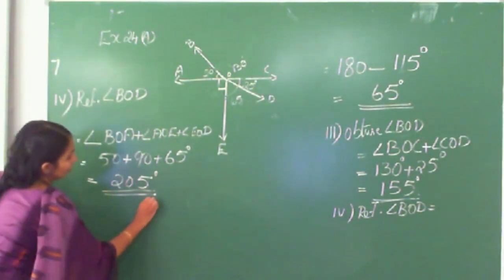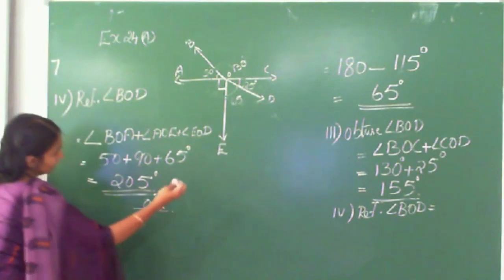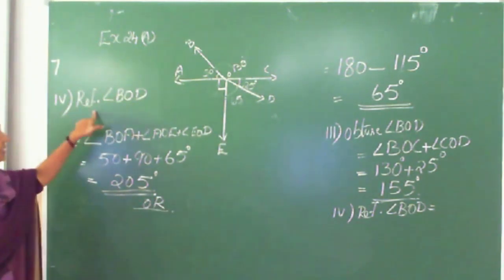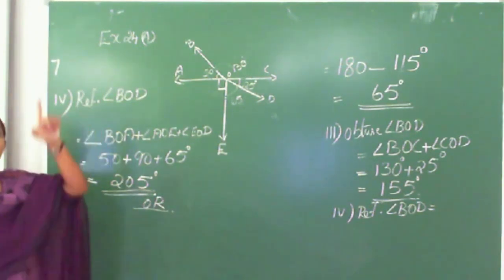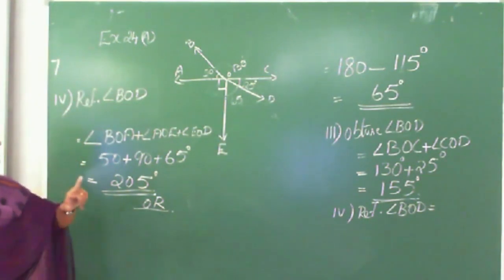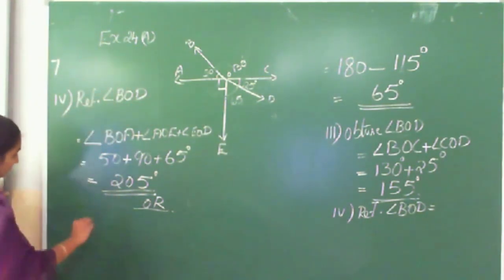Okay. What is the other method? I told you how we can find the reflex angle. From the total, that is 360, just subtract the rest.